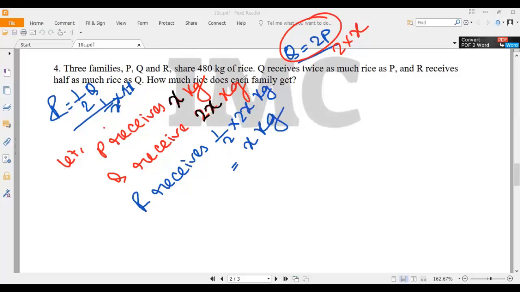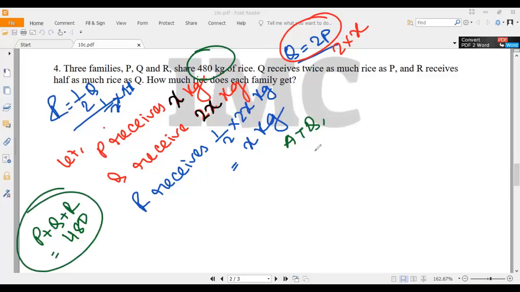The question says the total amount will be 480 kg. Now, according to the question, P, Q, R total will be 480 kg. The value of P is X, the value of Q is twice X, and the value of R is X. Sum of these three will be 480.